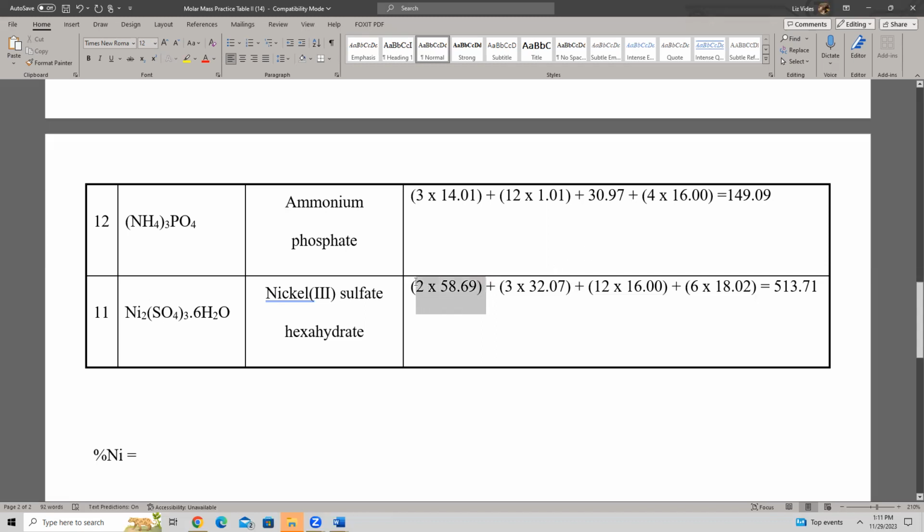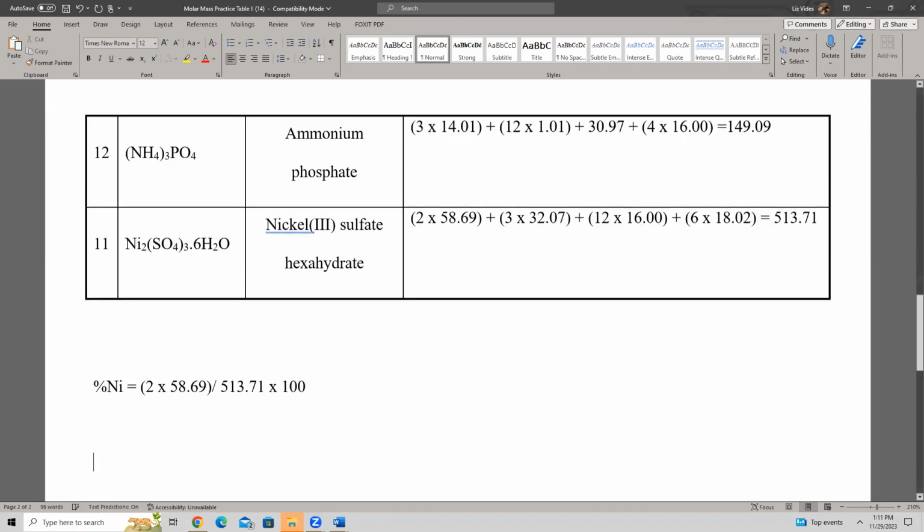See, this is why I did it this way. It makes life easy for me. Control V divided by the ending, which is the molar mass. That's the total, times 100.